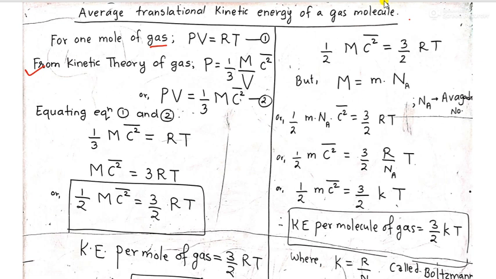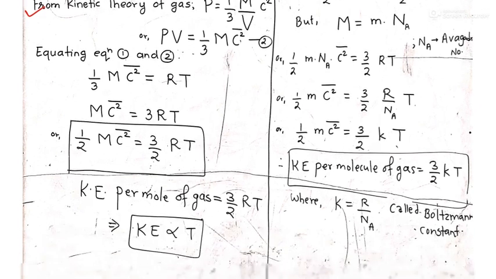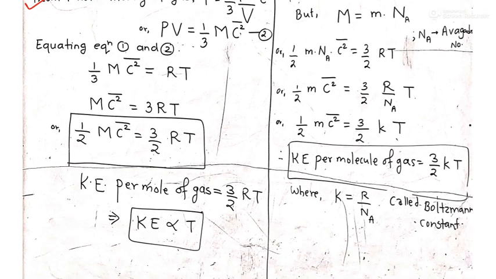Now, as we know that kinetic energy means 1 by 2 mv square, here capital M means the total mass of the gas, and c square bar means the mean square velocity. If we multiply by 1 by 2 on both sides, then we get 1 by 2 m c square bar equal to 3 by 2 RT.